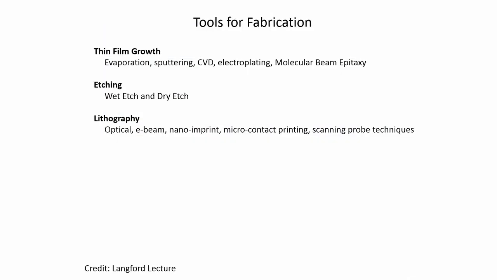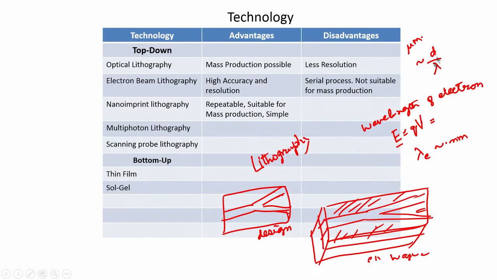We can calculate the wavelength of the electron, which can result in very high resolutions, and it is a serial process. You do not have a mask, but point by point you write the pattern, and it is a slow process and is not very suitable for mass production.